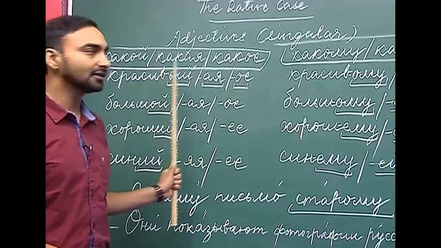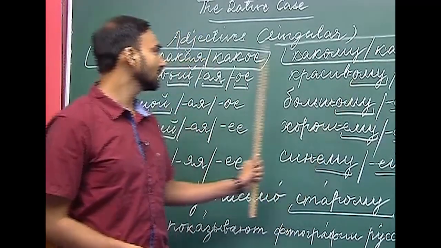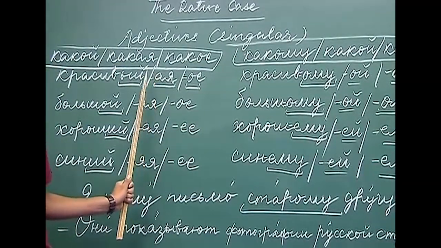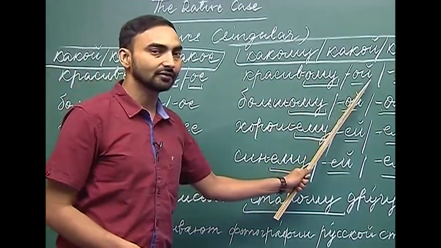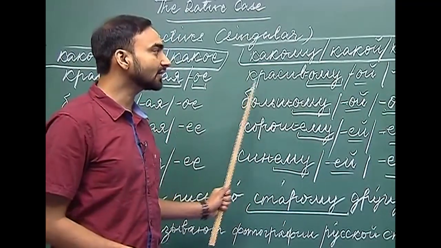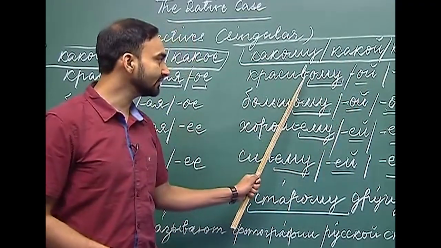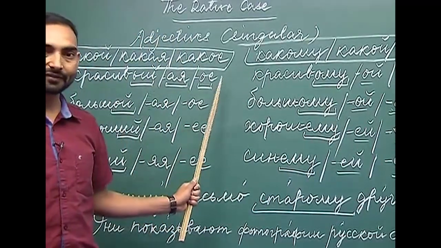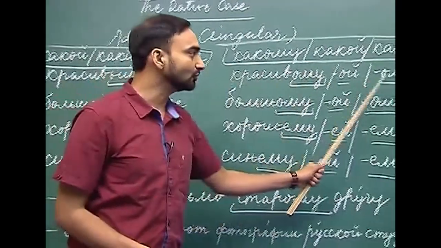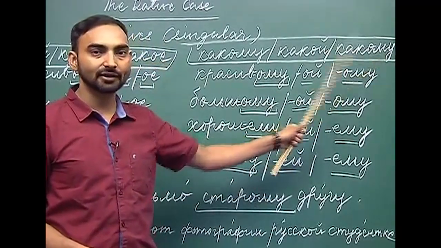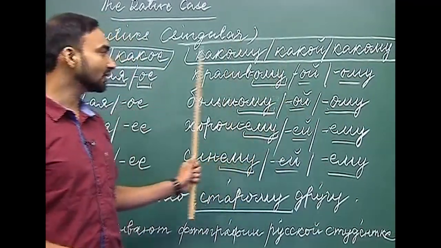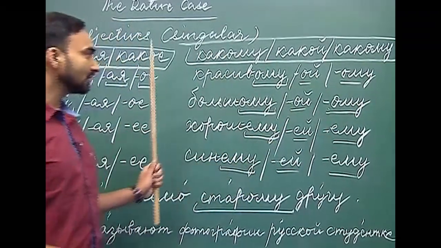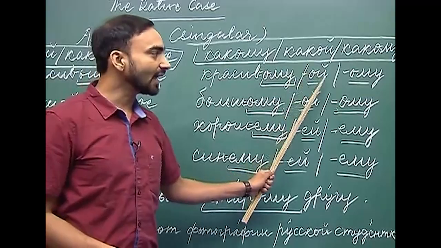So, красивый, красивому; красивая, again we will drop this ая which is the ending and add ой. So, we get красивой. And what about красивое, which is the neuter form? Красивому. As we have already seen, the masculine and neuter forms are the same. So, красивому will represent the masculine as well as the neuter forms. Красивому, красивой and красивому.